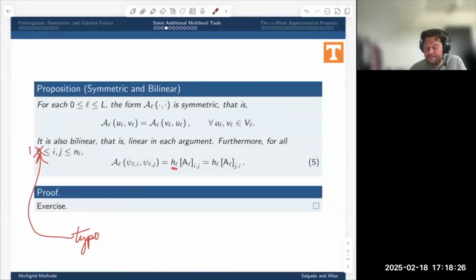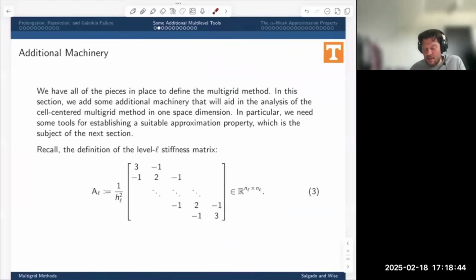times h_l. Now this matrix is symmetric, right? So it doesn't matter what order I take i and j. So that's what we mean by a symmetric matrix. Where the heck does this h_l come from? Well, remember, if we go back to 3, we defined the stiffness matrix with this 1 over h_l prefactor.